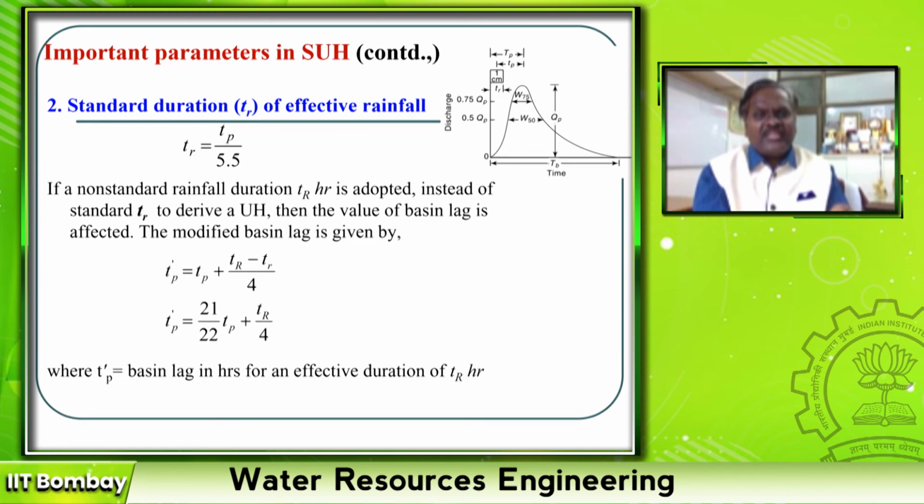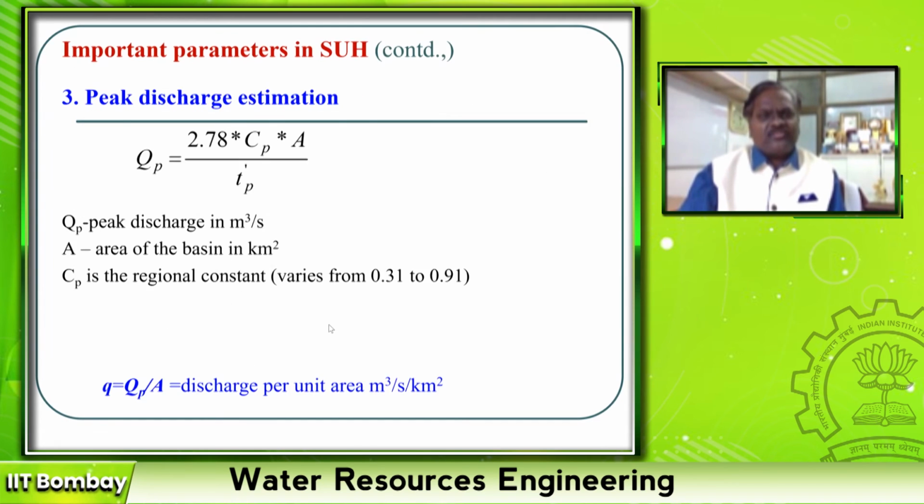That is called the adjusted or modified time to peak, which is the estimated time to peak plus the difference between TR and small tr, divided by 4, where capital TR is the duration of rainfall in the gauged basin, and small tr is the duration in the ungauged basin. If I substitute small tr equal to TP by 5.5, you will arrive at this equation.